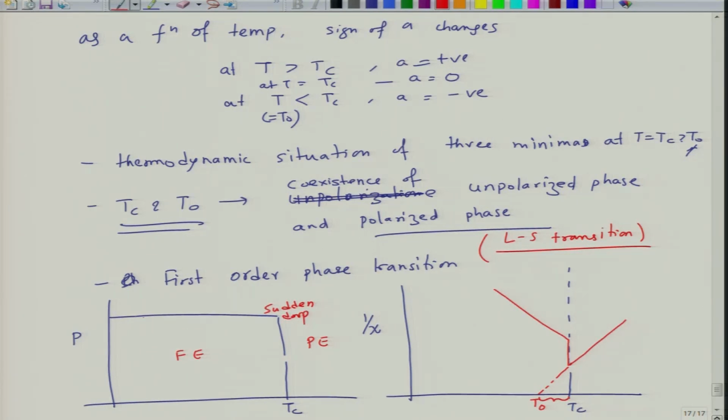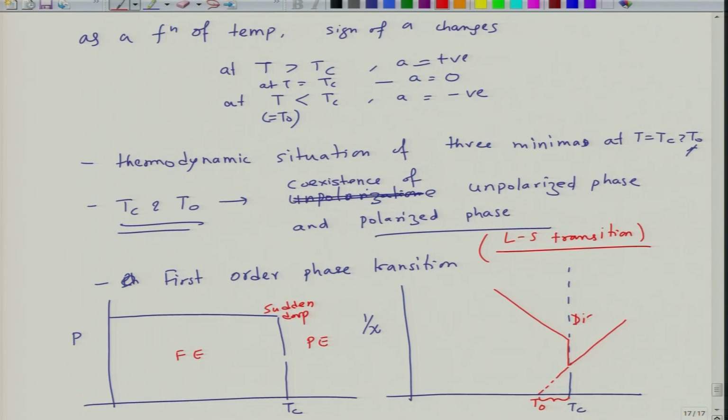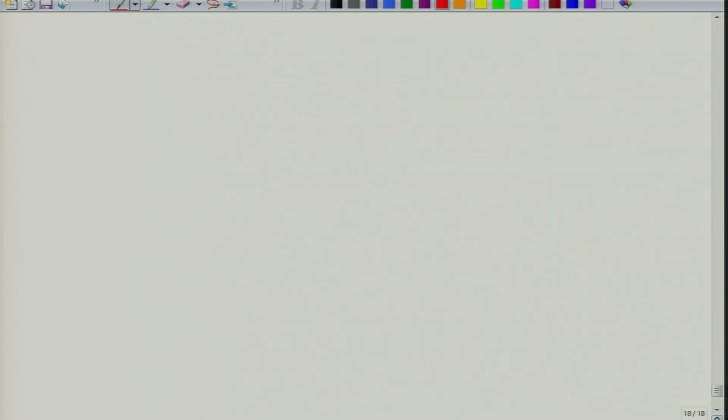So, polarization is decreasing, but it is not decreasing gradually. It decreases and then suddenly goes to 0, and then you have a discontinuity in one over chi at Tc. So, this is the fundamental difference in the first order transition.